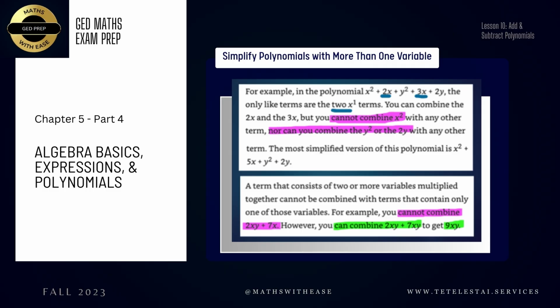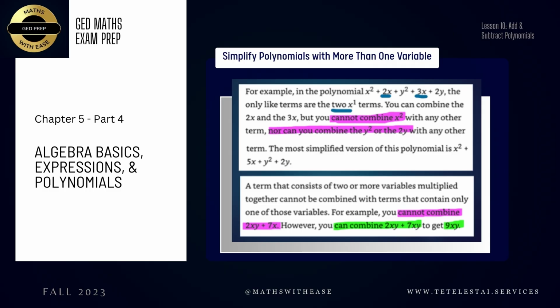So for example, in the polynomial x squared plus 2x plus y squared plus 3x plus 2y, the only like terms are the two x to the power of 1 terms, right? And that's 2x and 3x, okay? You can combine 2x and 3x, but you cannot combine x squared with any other term, nor can you combine the y squared or the 2y with any other term.